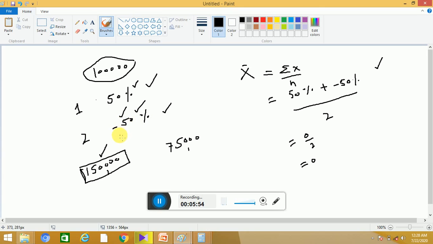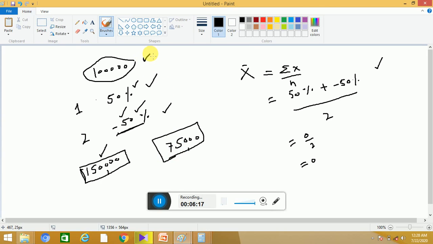Then in the second year there is a loss of 50%. So 150,000 multiplied by minus 50%, when you calculate 50%, you will get $75,000.